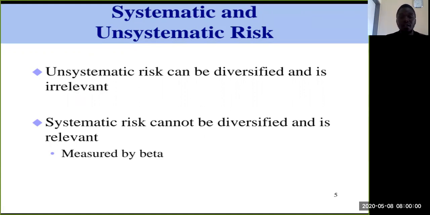Systematic risk cannot be diversified and is relevant. So the main concern in our chapter here is systematic risk, and in the equation this systematic risk is going to be measured by beta. So we've got systematic risk and unsystematic risk. Unsystematic risk can be diversified and is irrelevant.